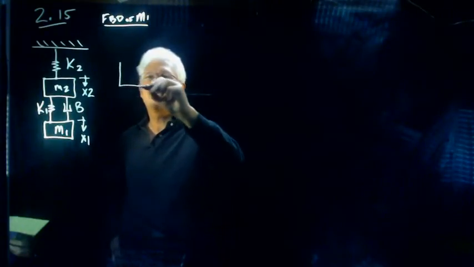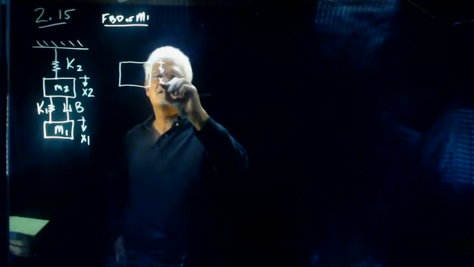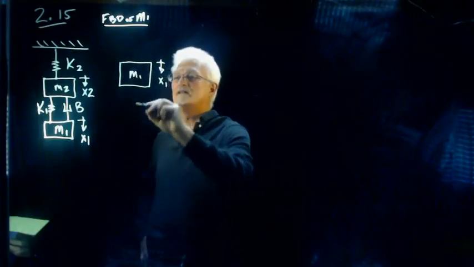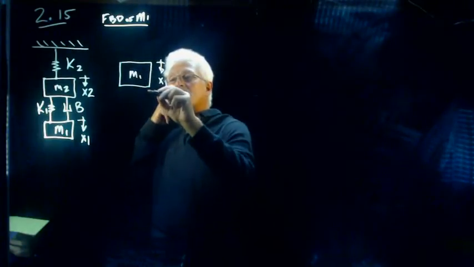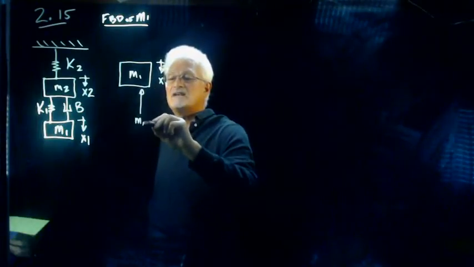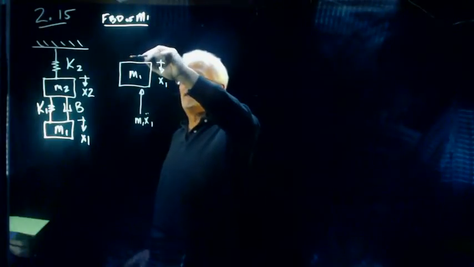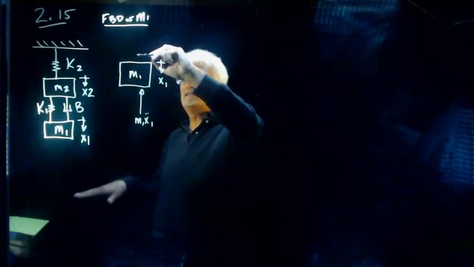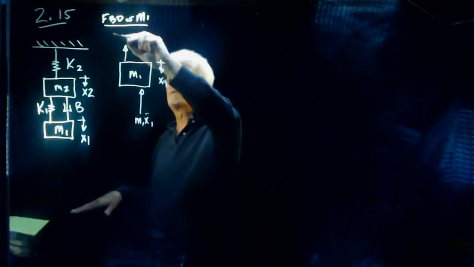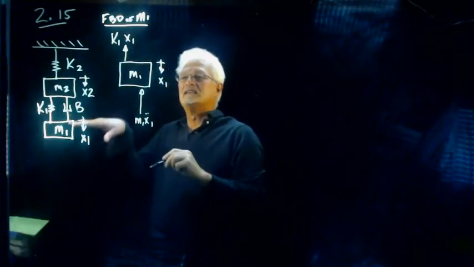So here's mass 1. Let's repeat the datum. This is X1. Here's M1. Just so we don't forget, let's put in our D'Alembert force, M1 X double dot 1. Now, if I move M1 in its positive direction, I get a force from the spring that is K1 times X1, but that gets smaller.